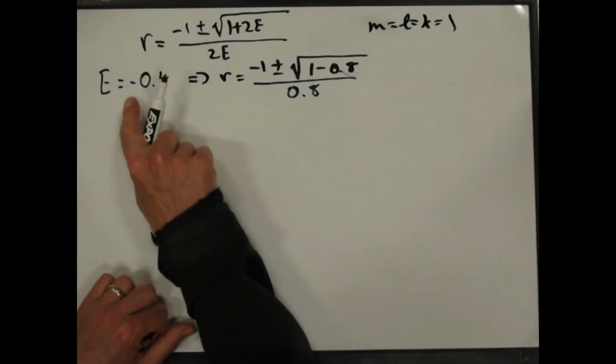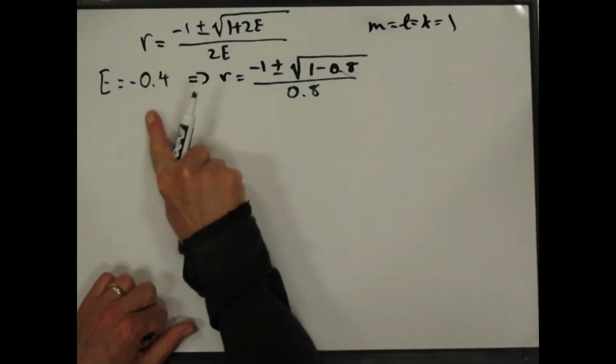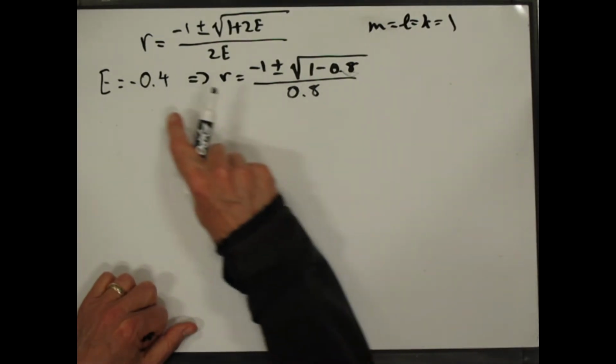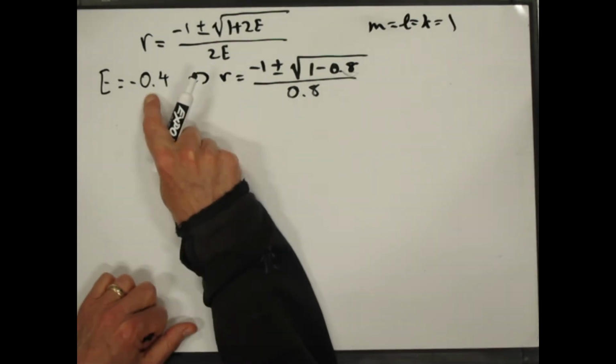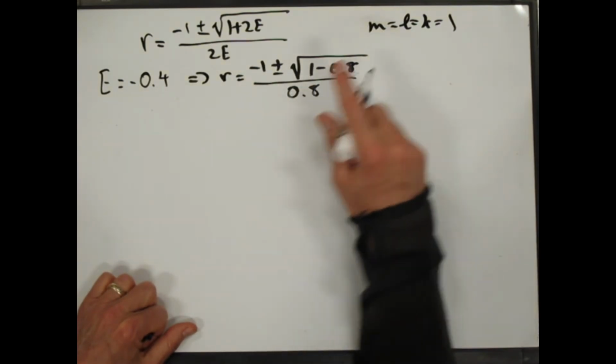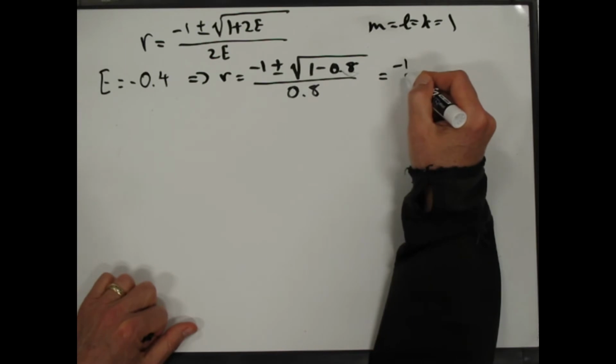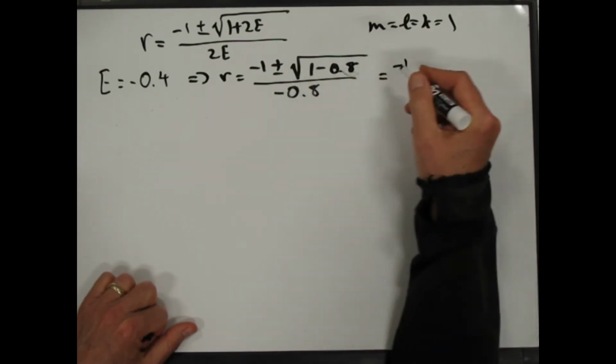You'll see the graph coming up in a second, but if I pick e equals minus 0.4, I get r equals this, and this is negative 0.8.